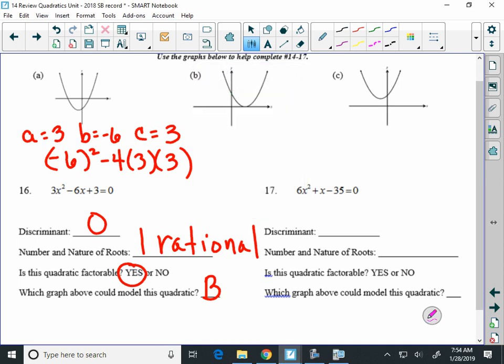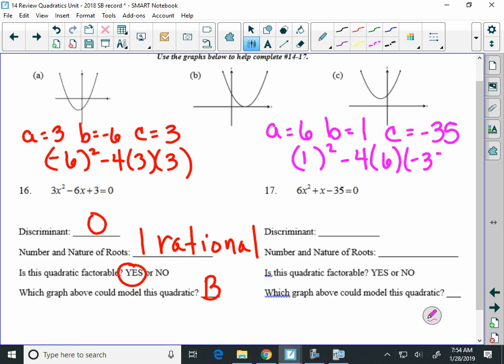Number 17, 6x squared plus x minus 35. A is 6, B is 1, C is negative 35. Fill in the discriminant, b squared minus 4ac. The discriminant comes from the quadratic formula. Well, we get 1 squared minus 4 times 6 times negative 35.